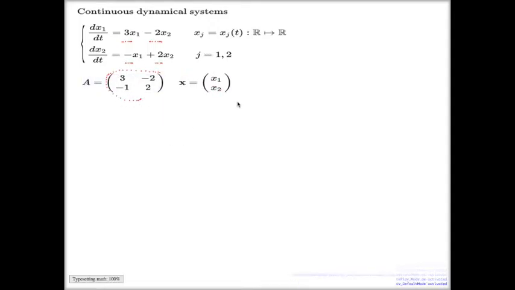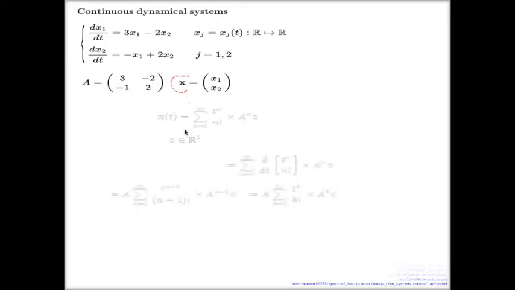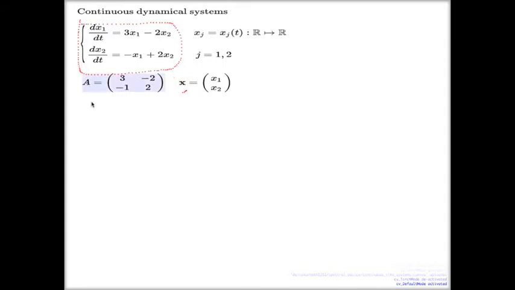You introduce your vector function x in boldface, and then your system in the vector language becomes this. And now I show you how you can see the solution to such a system in a vector language, and how much structure you can see in this solution with the help of eigenvalues and eigenvectors.